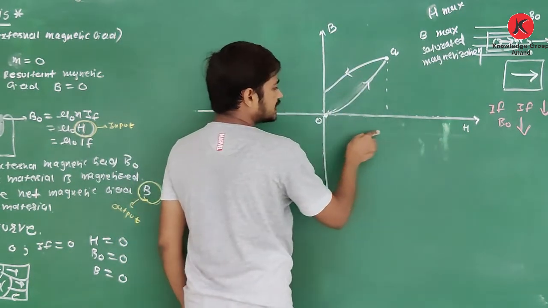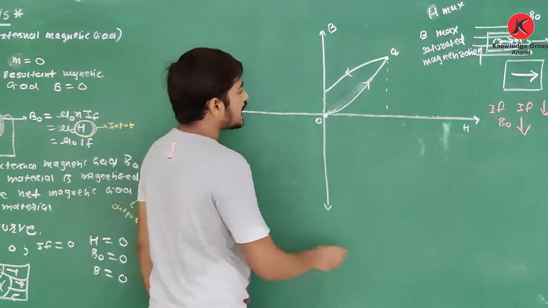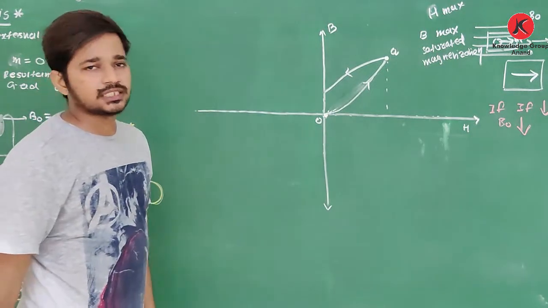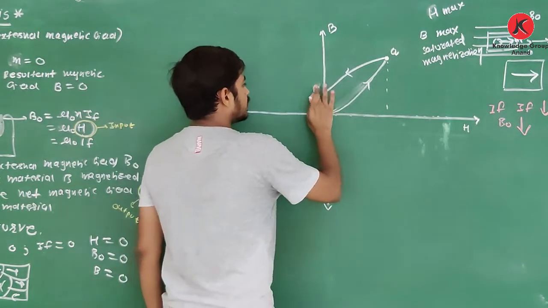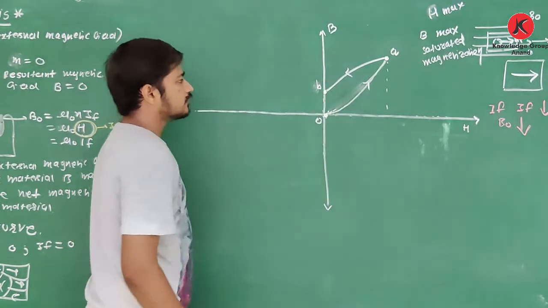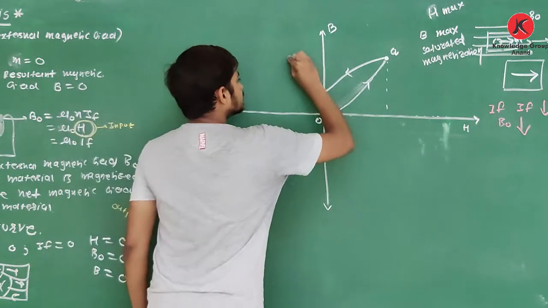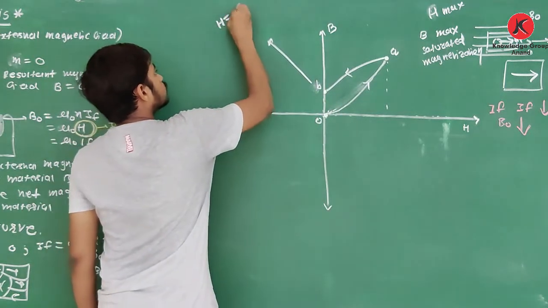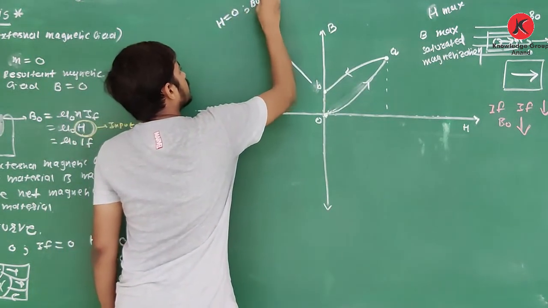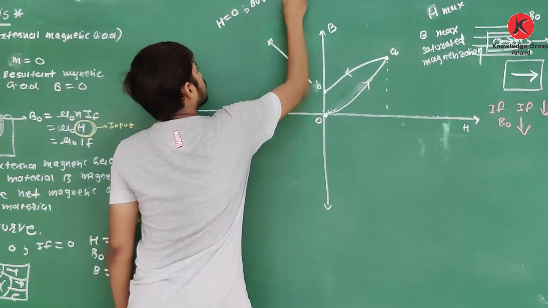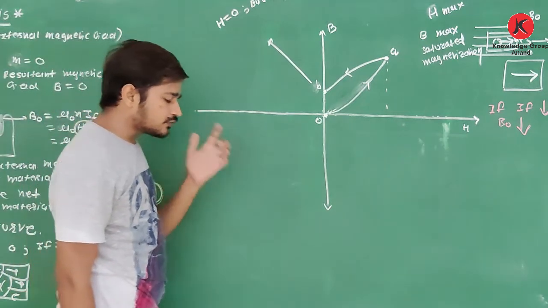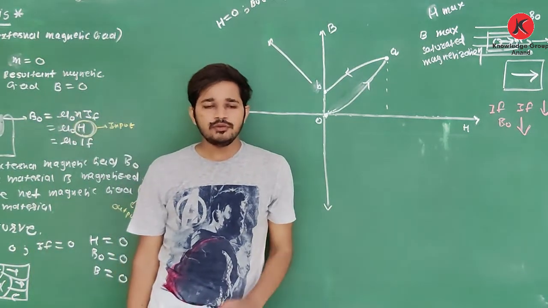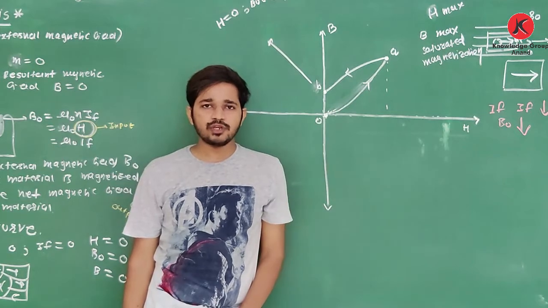As H decreases, the resultant magnetic field also decreases. But at this point B, you can see from the figure, H is equal to 0, but B is not equal to 0. Initially current is flowing through the solenoid and magnetic field is produced.